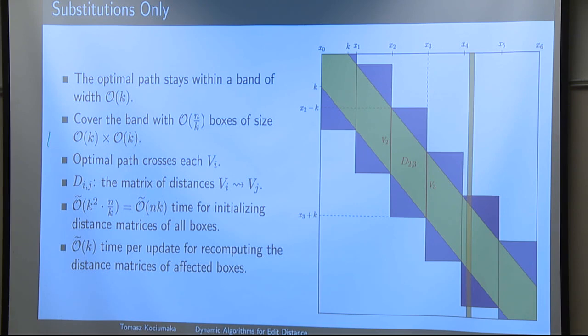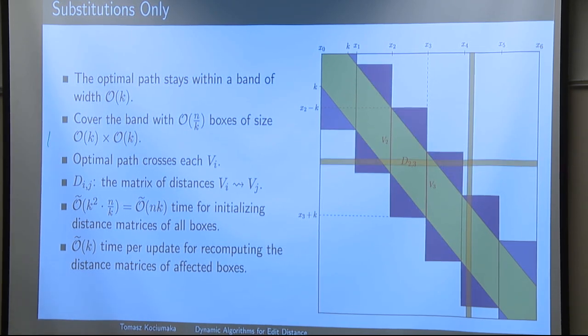And whenever an update comes, we just need to recompute the distance matrix of the box affected by the update. If it's a substitution in x, there is just one box affected, because their horizontal projections form the decomposition of x.